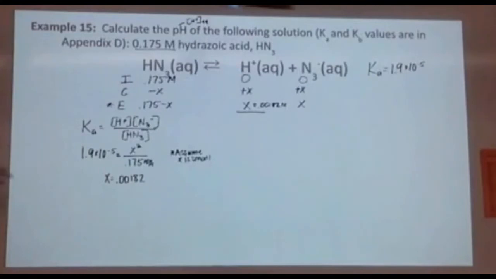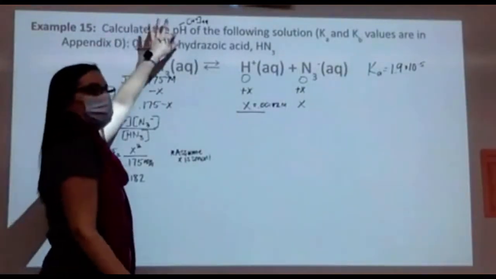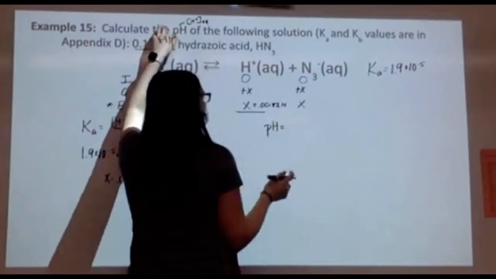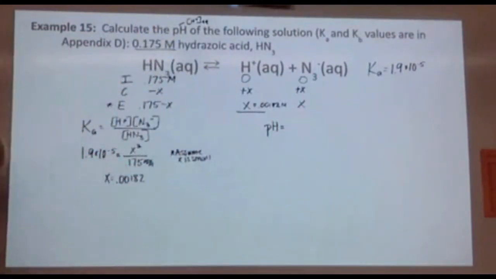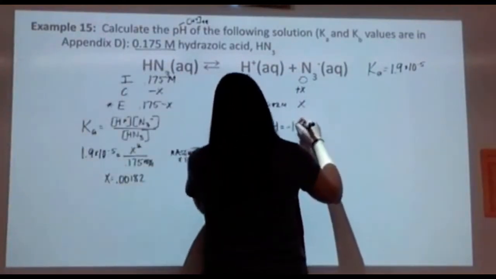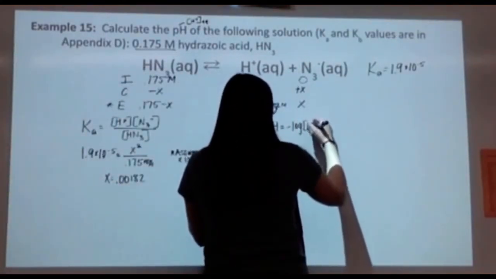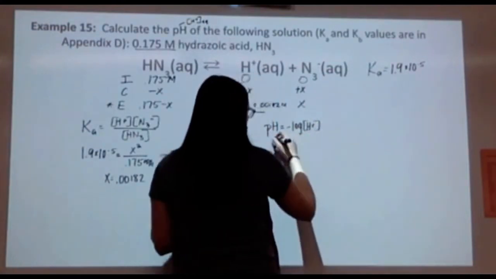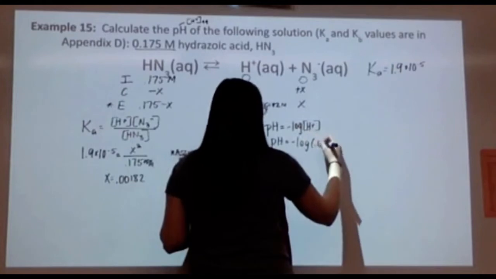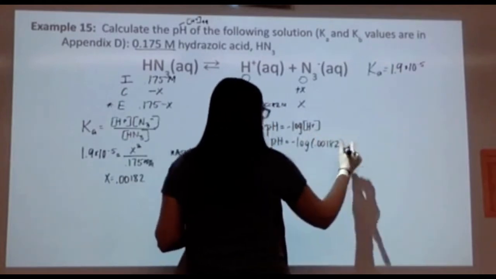That's helpful because I want to calculate the pH. The equation to calculate the pH is on your equation sheet: negative log of the concentration of H plus. So take the negative log of 0.00182.